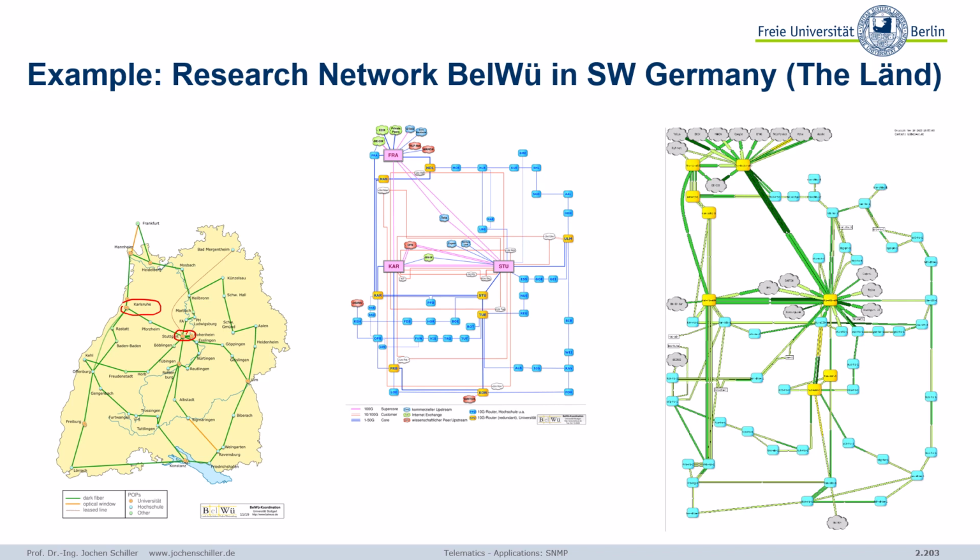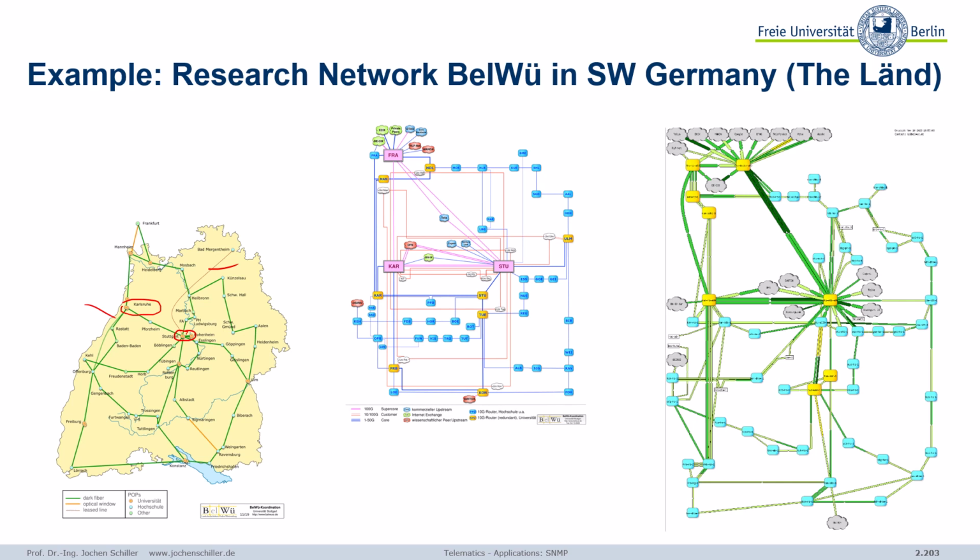So you have a kind of topographical view, and you see, okay, here we have so-called dark fiber, and we have certain leased lines, etc. So who's connected with whom? That's interesting to see the infrastructure.